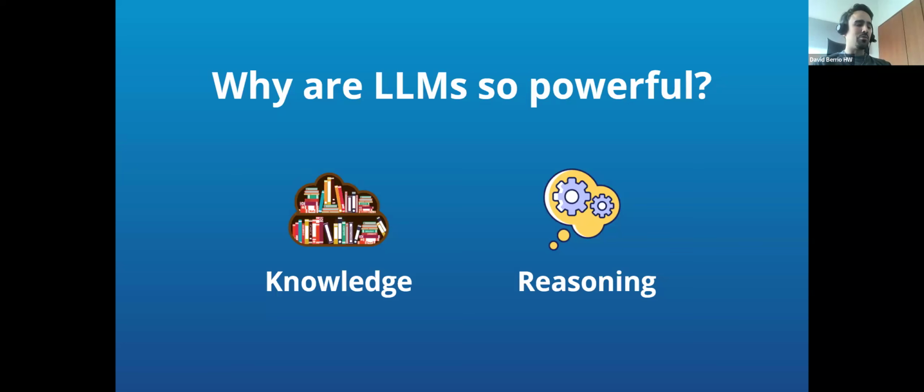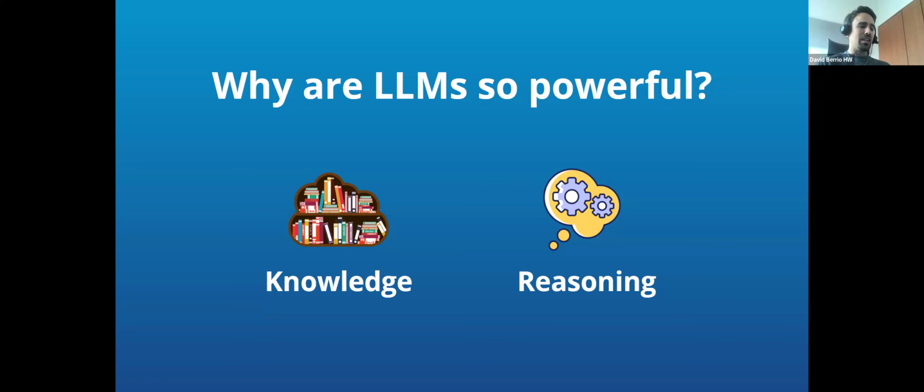LLMs are trained on a huge, and when I say huge, I really mean it, a huge set of data. As we were discussing before we started the webinar, GPT-4 was trained on the transcripts of most YouTube videos because basically they were running out of data on the internet. You can think about that. That's lots of information that they are using to train it.